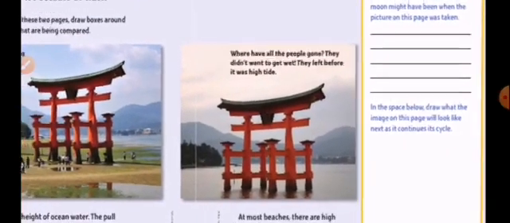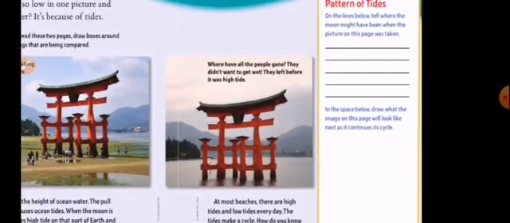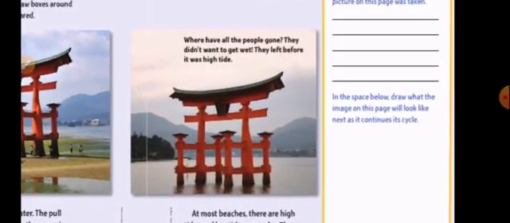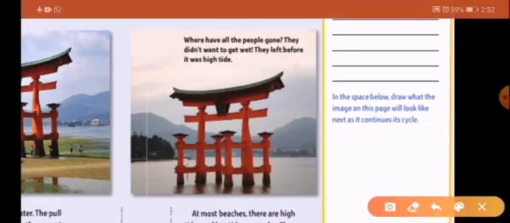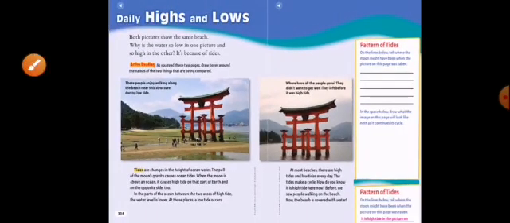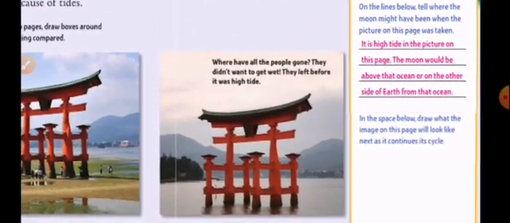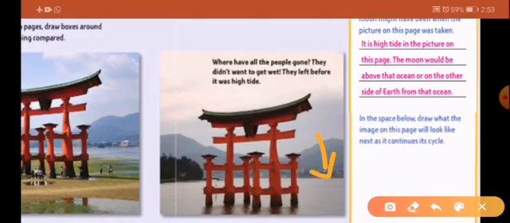Okay. Let's look carefully. On this picture, this is the high tide. So, you think the moon will be above the ocean or far away from the ocean? Yes, excellent. If this is a high tide, so the moon would be above the ocean or on the opposite side.